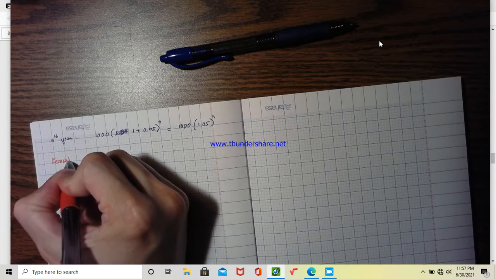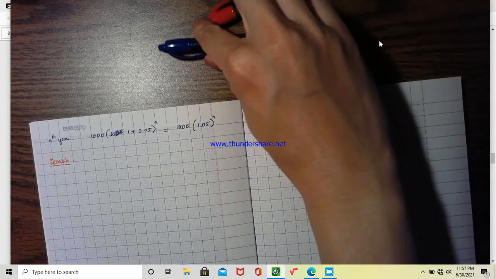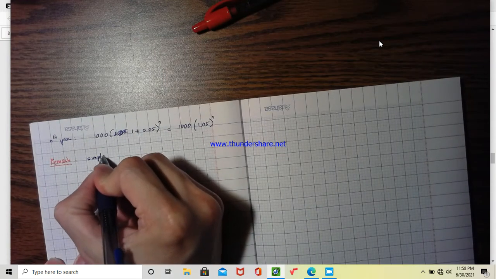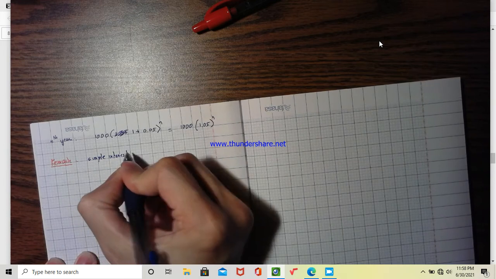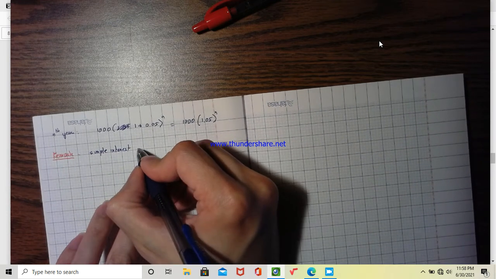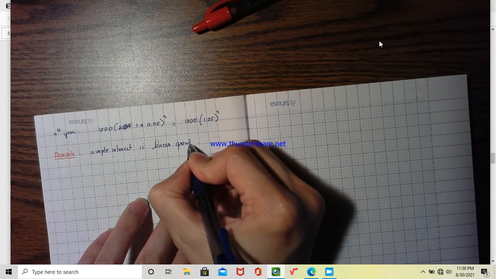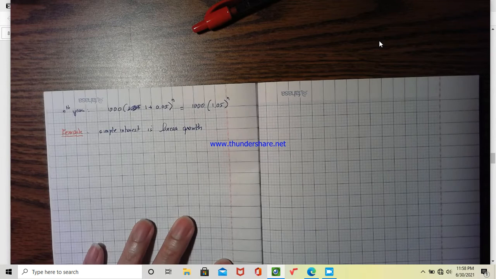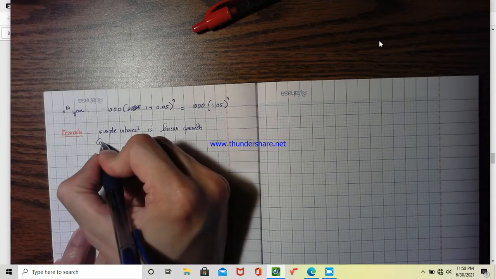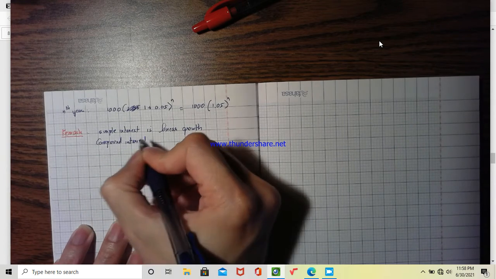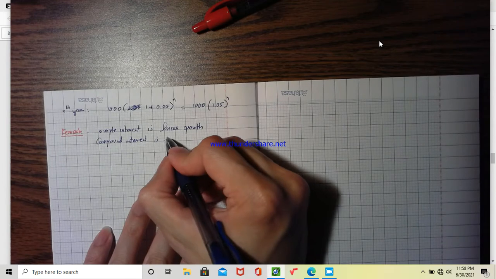So in conclusion, we have this remark: simple interest is linear growth. However, compound interest is exponential growth.